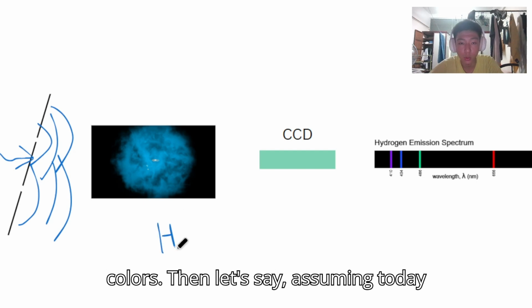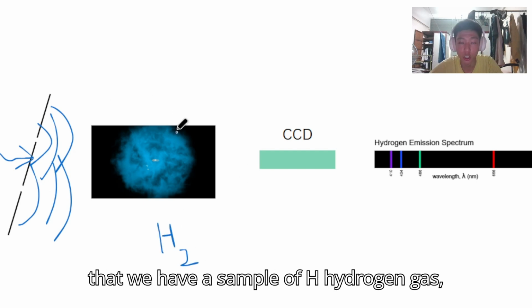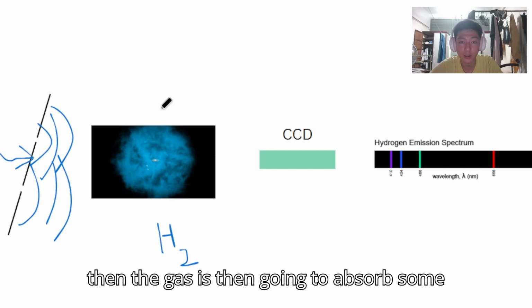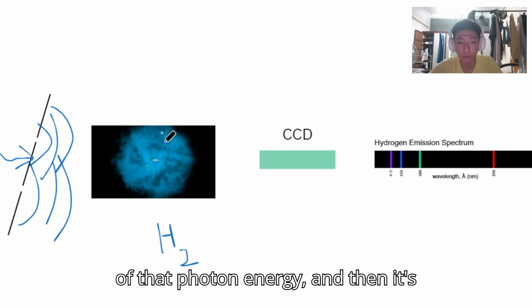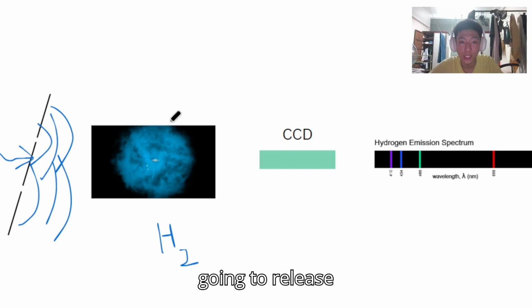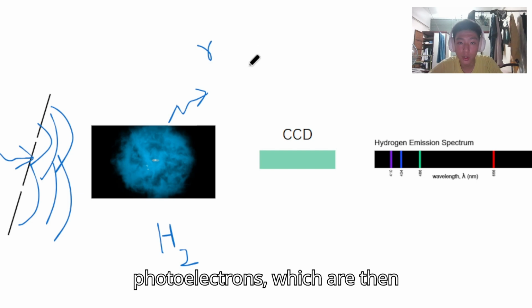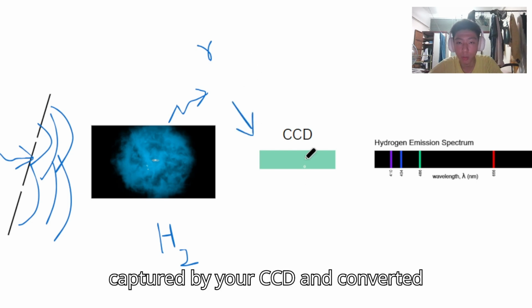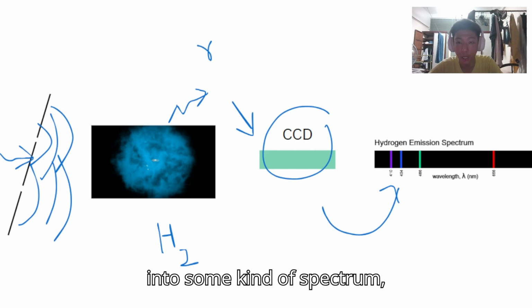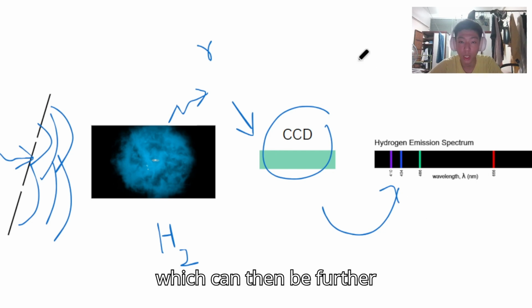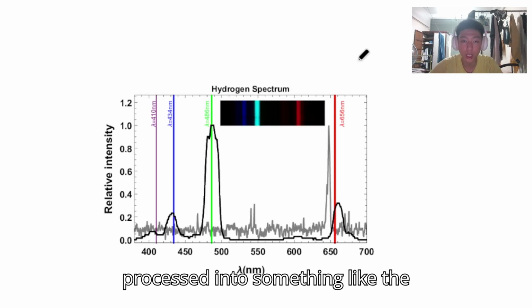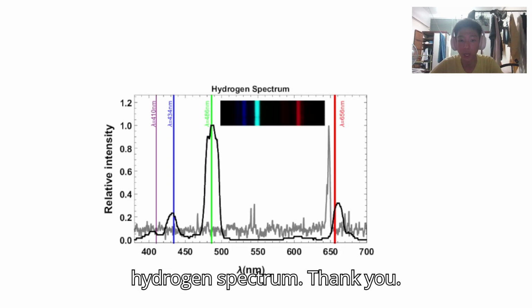Then let's say, assuming today that we have a sample of hydrogen gas, the gas is going to absorb some of that photon energy, and then it's going to release some photoelectrons, which are then captured by your CCD and converted into some kind of spectrum, which can then be further processed into something like the hydrogen spectrum.